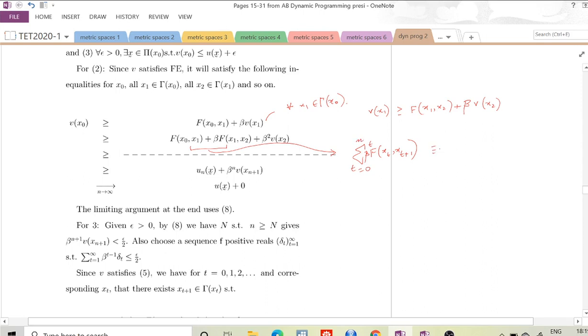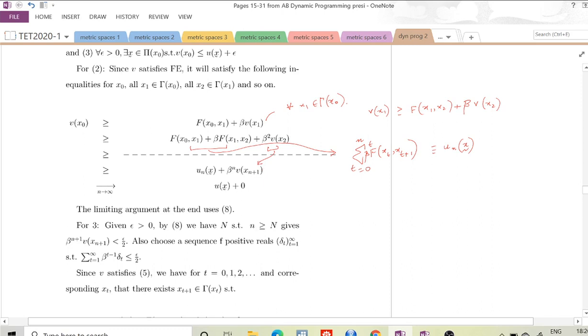That's our partial sum, which we wrote like un x tilde, the partial sum over discounted present value over n plus 1 periods, 0 to n, across this feasible plan x tilde, right? And this, after n steps, becomes beta to the n V of xn plus 1.